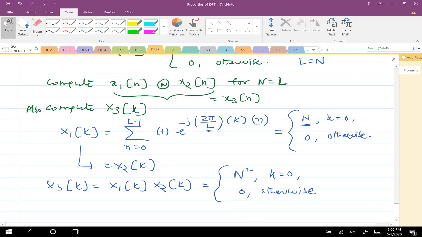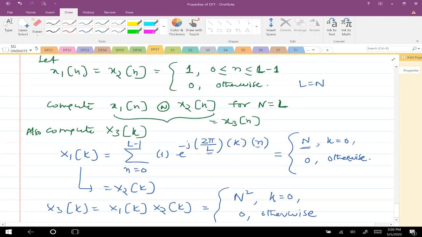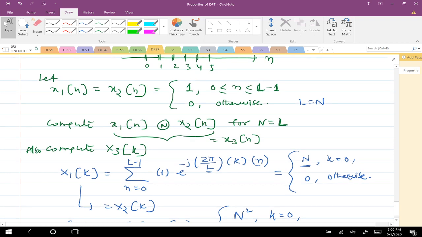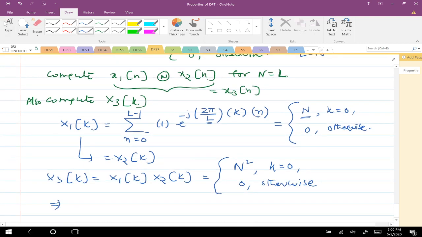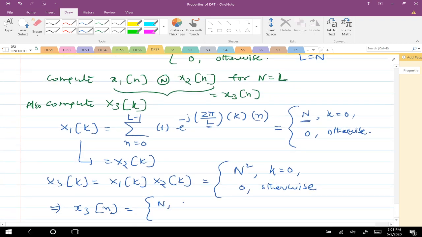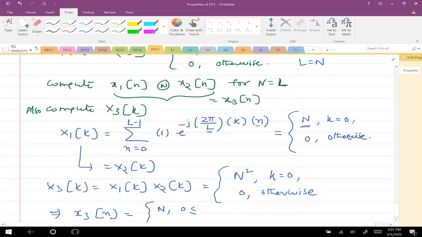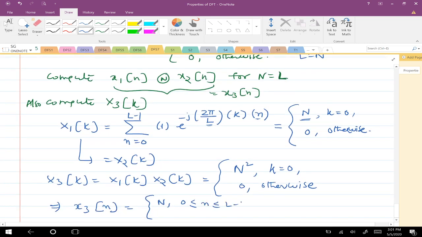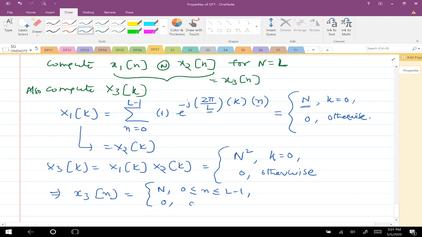Look here: the only difference between this DFT and x1 of k or x2 of k is that this is getting multiplied by N. So if in the time domain, instead of 1 you had capital N, you would get N square. So I could right away by inference write that my x3 of n would be equivalent to capital N for 0 less than or equal to n less than or equal to L minus 1, and 0 otherwise.